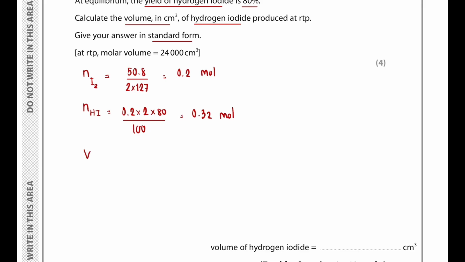Then the volume of hydrogen iodide will be equal to 0.32 times 24,000, which is equal to 7,680 cubic centimeters. So if we make it into standard form, it will be equal to 7.7 times 10 to the power of 3.